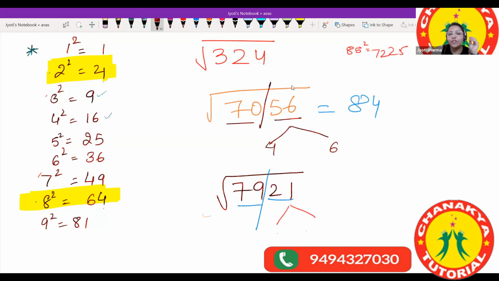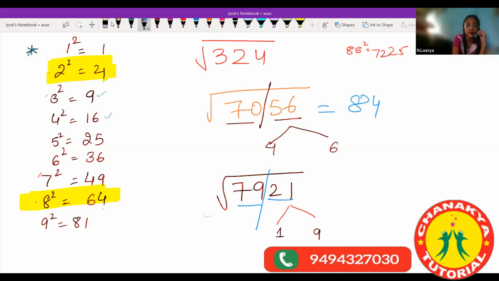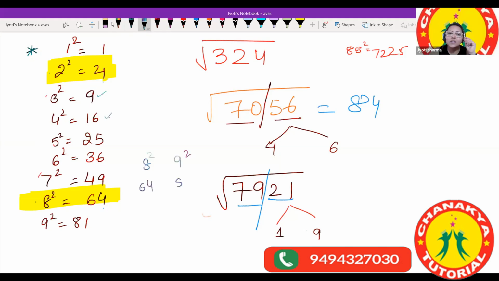So you have got 1 and 9, 2 possibilities. After that, 79: between which two squares will you find 79? 8 and 9. 8 square is 64, 9 square is 81. Between 64 and 81, you will find 79. So you will be taking 8 as your answer. 81, 89. Now you got 2 answers.